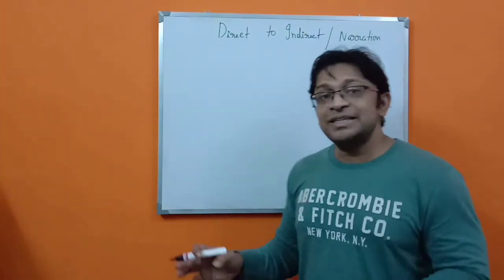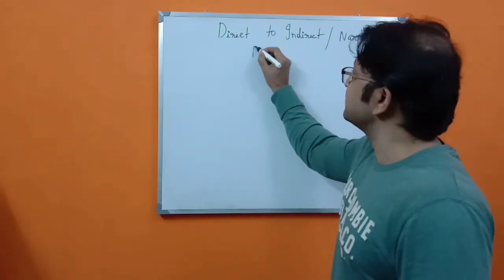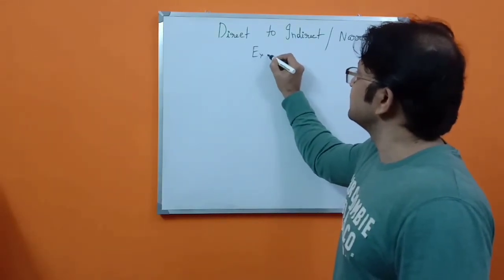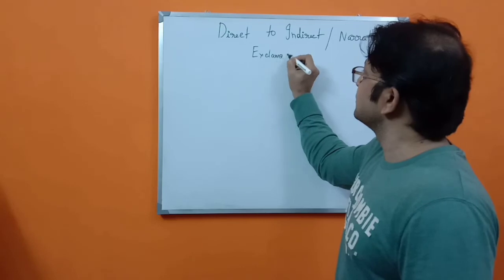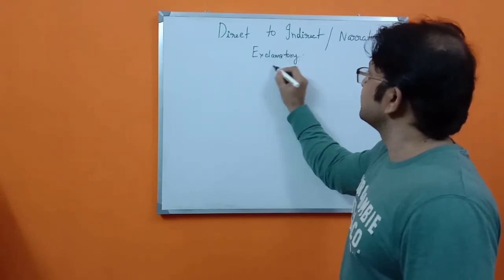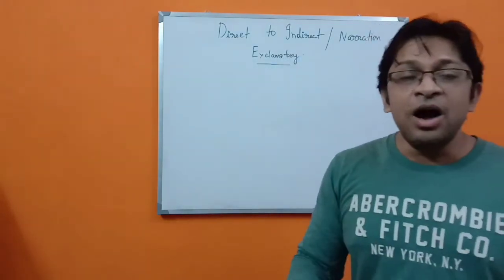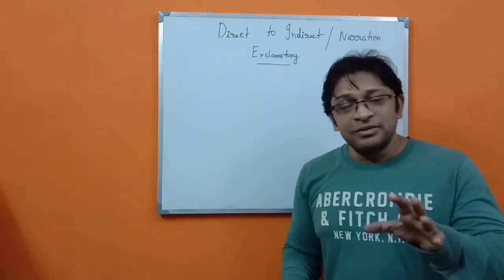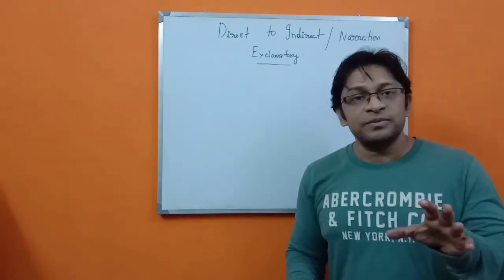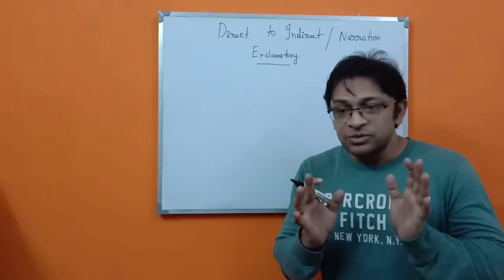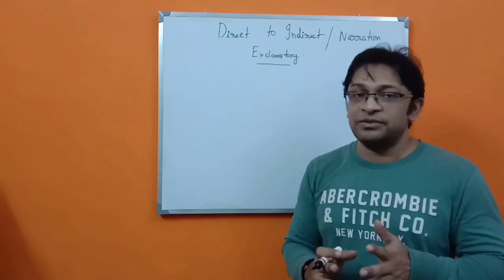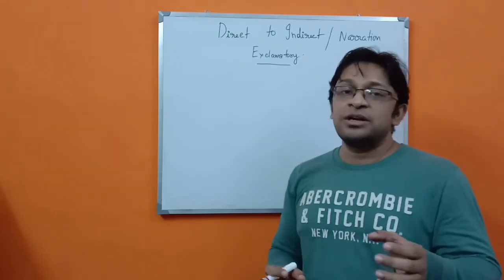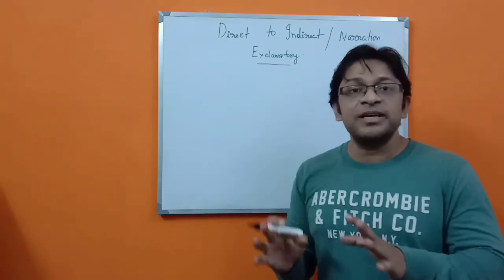Last but not least is the exclamatory sentence. How will you understand an exclamatory sentence? There will be exclamatory words given as interjections, so you have to go through them very carefully. There will also be an exclamation sign.